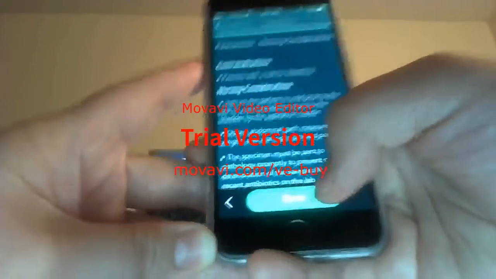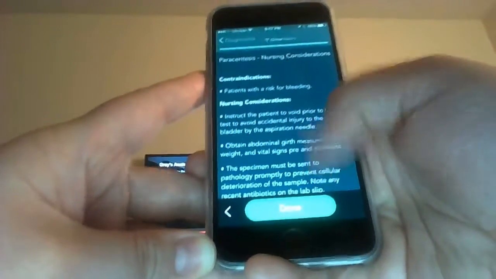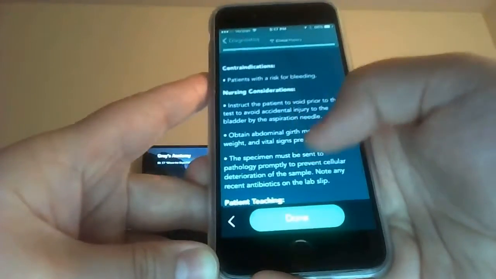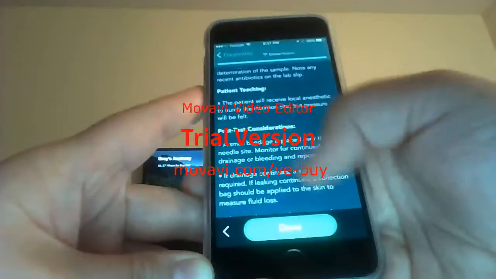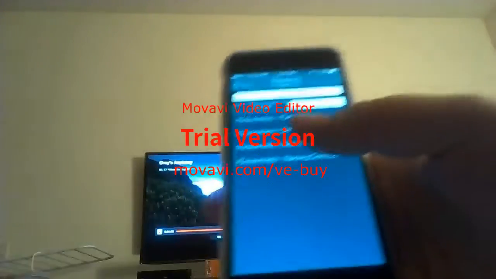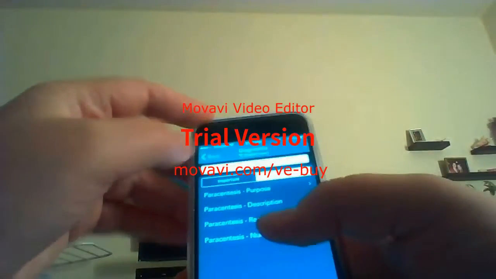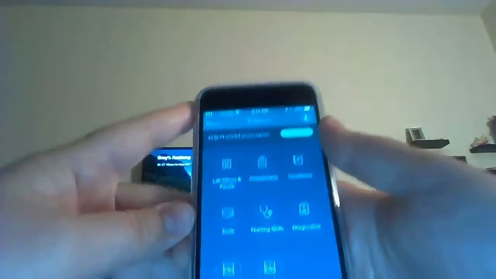Of course, they vary with different patients. And then there's nursing considerations, what every nurse that's taking care of or helping in a procedure should look out for. There's patient teaching and post-test considerations. That's the diagnostics tab.